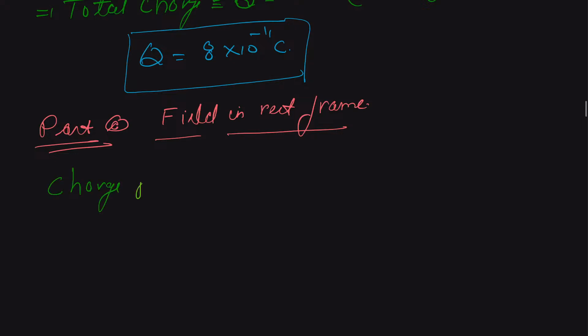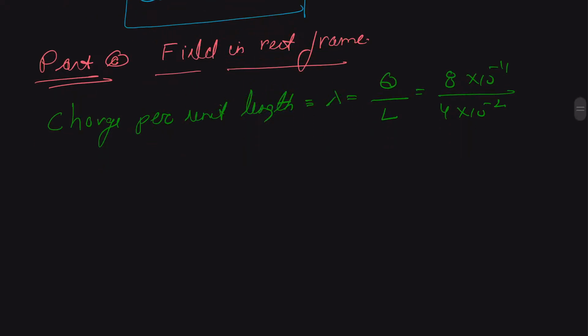Let us suppose that's lambda, which will be equal to total charge divided by total length. Total charge is 8 into 10 to the power minus 11, and the length is 4 into 10 to the power minus 2. So from here we get that the value of lambda is 2 into 10 to the power minus 9 coulomb per meter. So this is our charge per unit length.